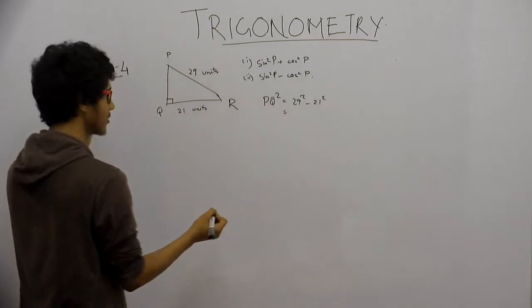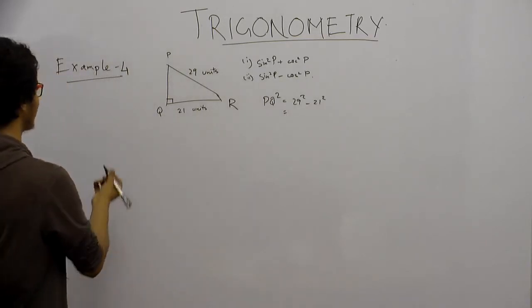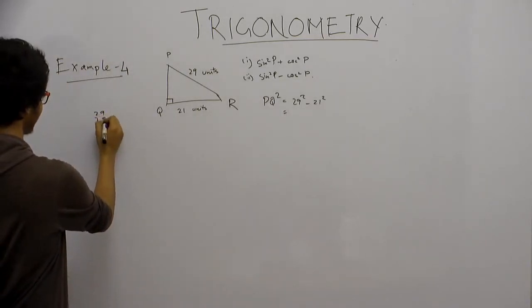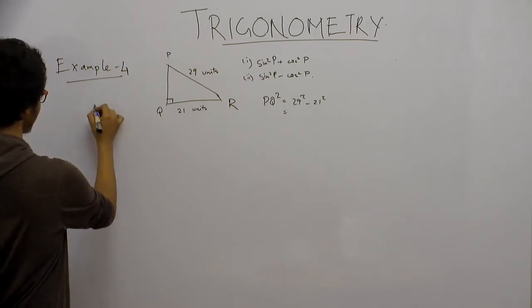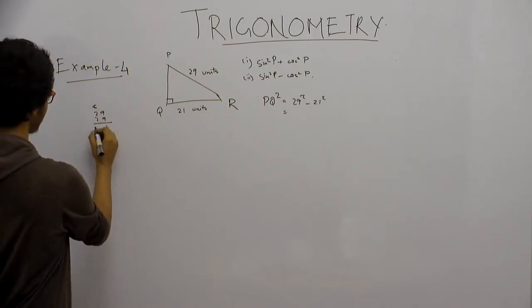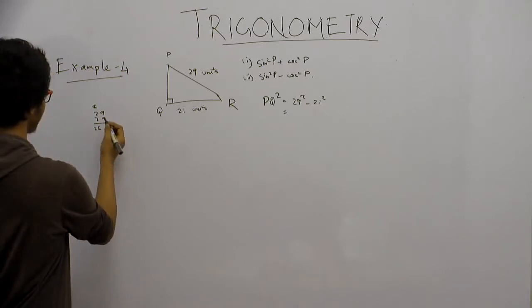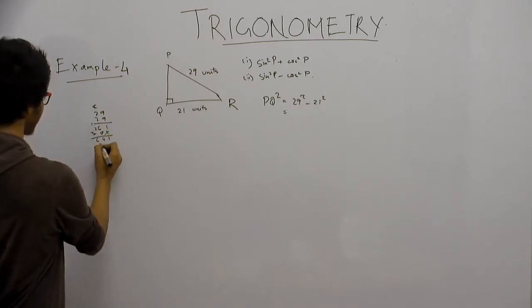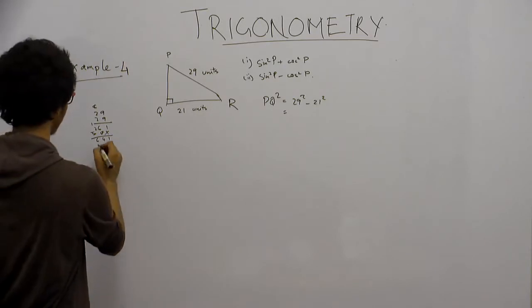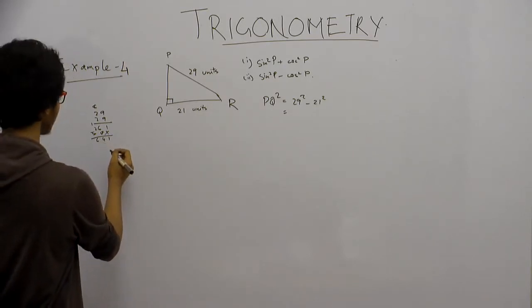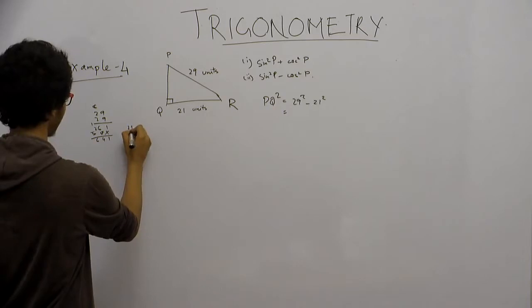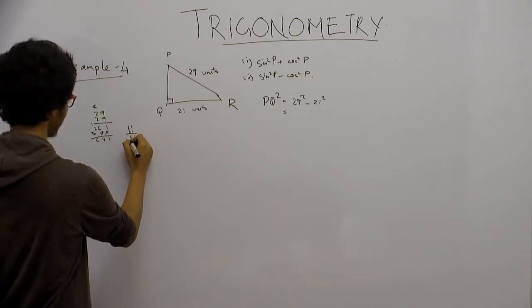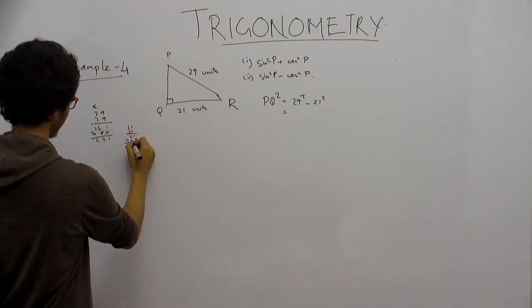Let's do some calculation. 29 into 29 is 841, minus 21 square, which is 441.